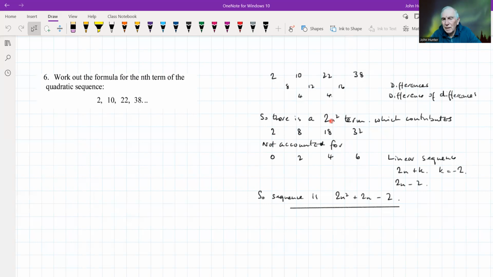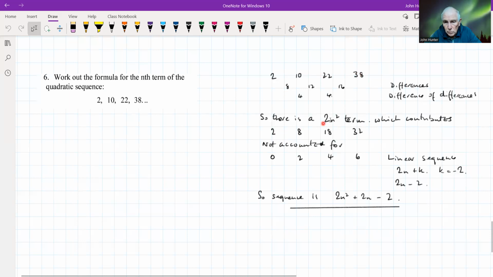So how do we find the last bit? It's just a linear sequence, isn't it? So if we could get rid of the contribution of this 2n squared, then we'd just be left with a linear sequence. That would be nice and easy, wouldn't it? Well, of course we can, because we know exactly what 2n squared contributes into this sequence here.